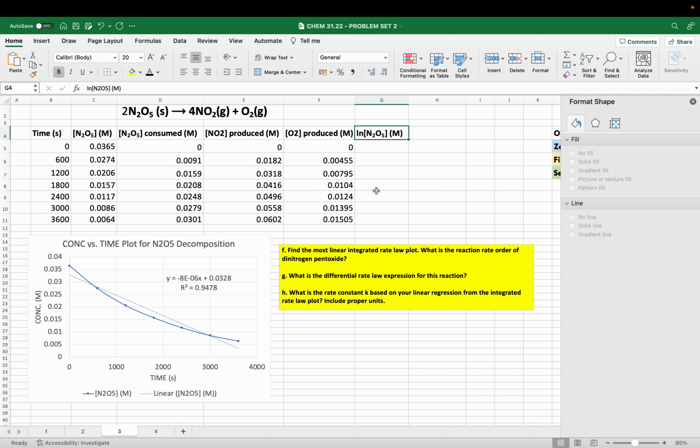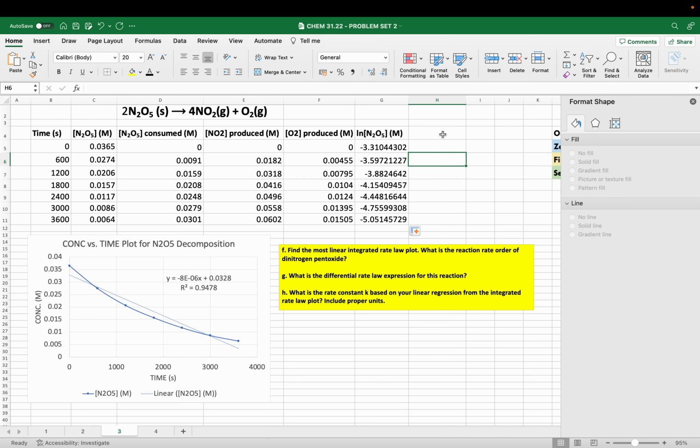reaction, or N2O5 being a first order reactant, we are going to plot the ln of its molarity over time. So we're going to create this new column and simply write the equation ln, click the value of the concentration of N2O5 for that given point in time, and solve for it. Apply the same formula to all the other concentrations of N2O5 over time.